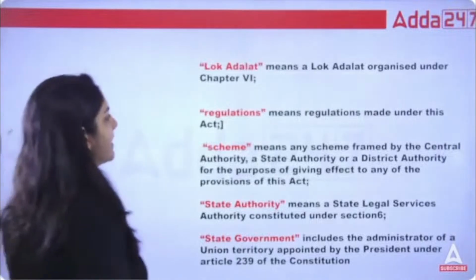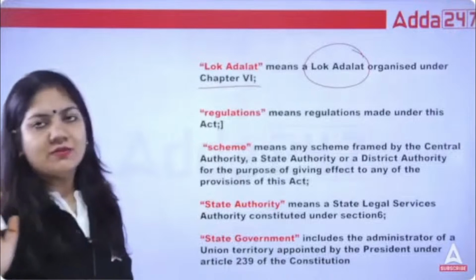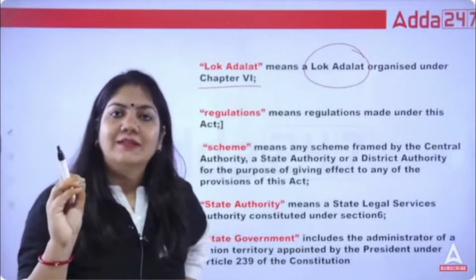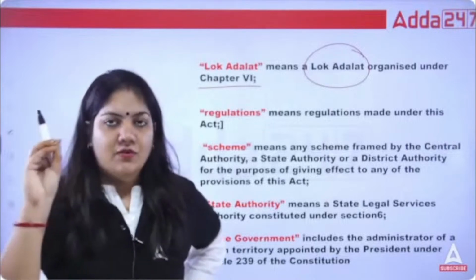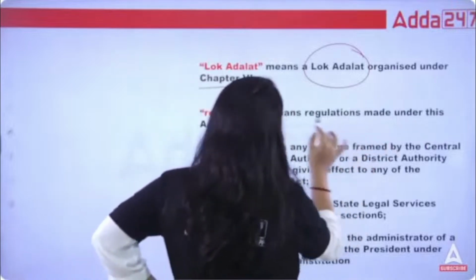Lok Adalat is given in chapter 6. No need to learn the chapter. You only have to remember in which act the Lok Adalat is there: the Legal Service Authority Act. Regulation is that which is made under this act.